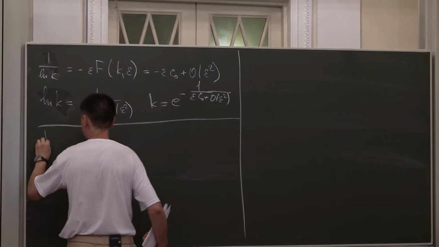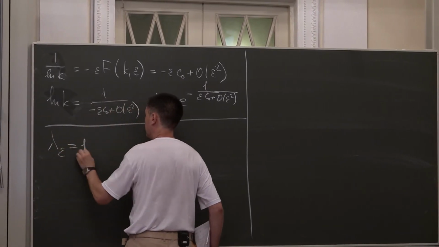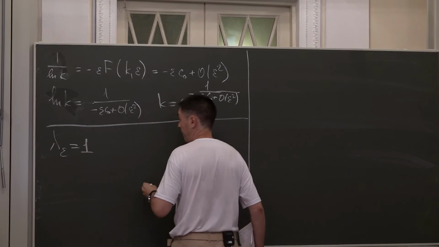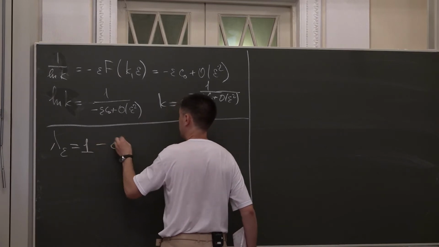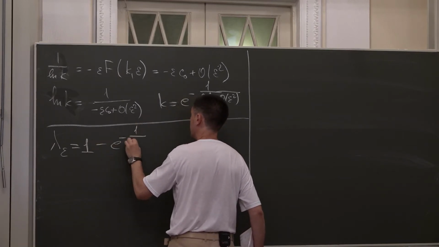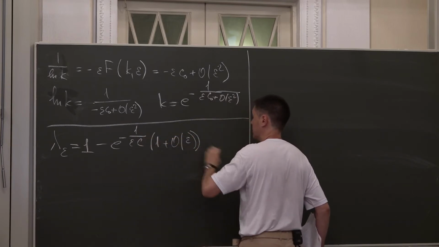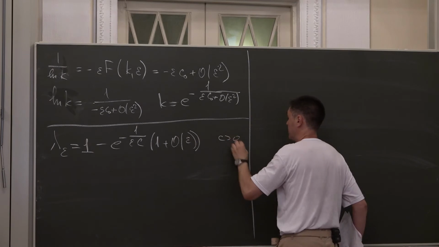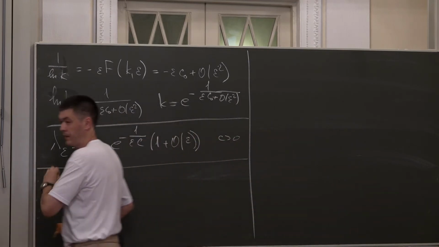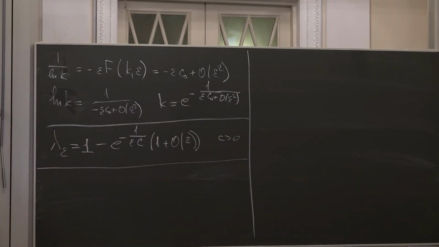And then, of course, we can again get an eigenvalue which behaves something like this: epsilon constant 1 over epsilon, where c is positive. So as we see now, this effect is very sensitive to the dimension of a problem, and actually in 2 dimensions it looks like this.